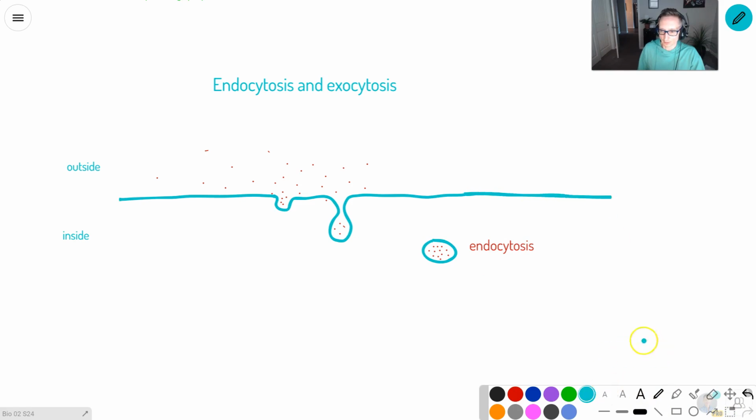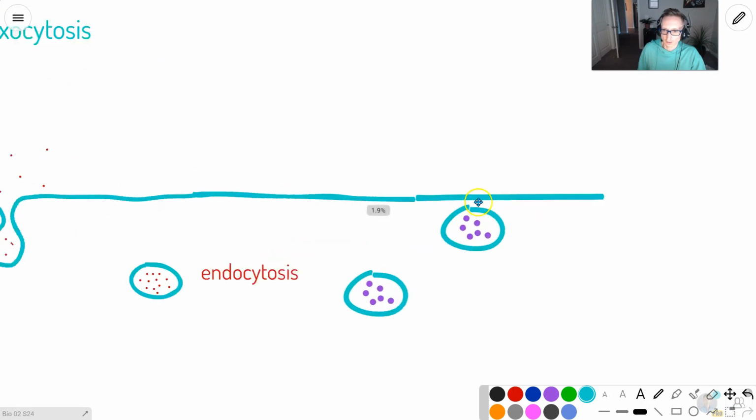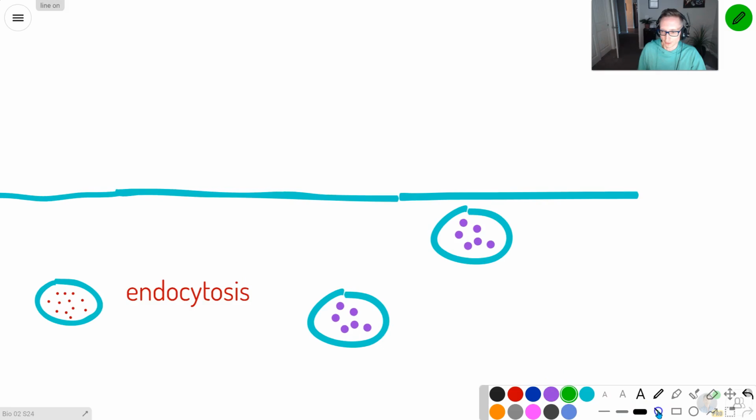So if we just keep drawing this out, let's say we've got a little vesicle, and this one's got purple gunk in it. We want to get rid of it. Well, this thing's just chilling, and then it gets closer. Which actually, I just like these things. They're called SNAREs. I talked about them already. They're like little molecular threads, and they connect to the membrane of the vesicle and the cellular membrane.